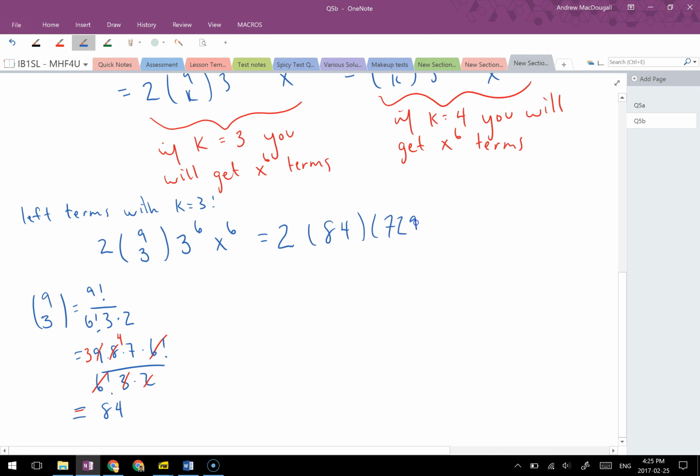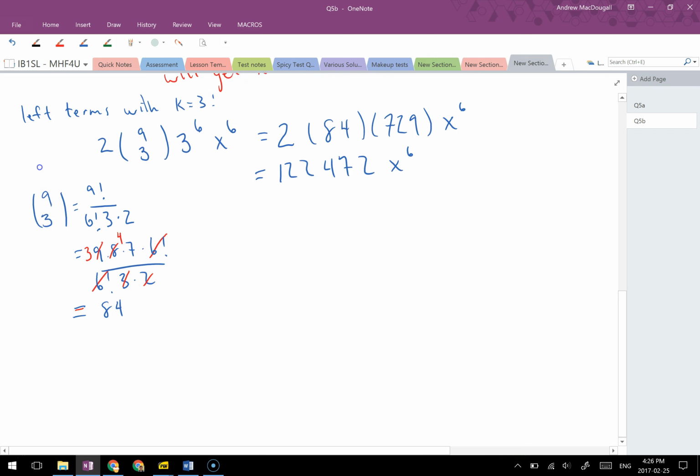Times 729, and let's do this on my calculator, times 2 times 84. So the x to the power 6 term we get from the left terms in the expansion is 122,472. Great.